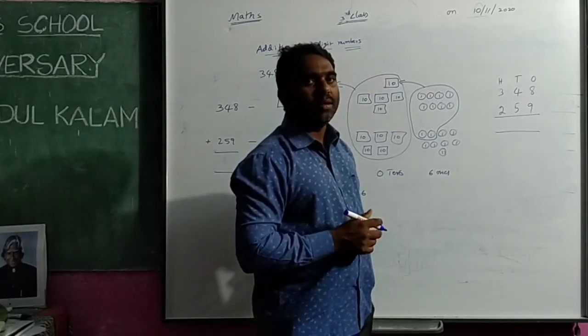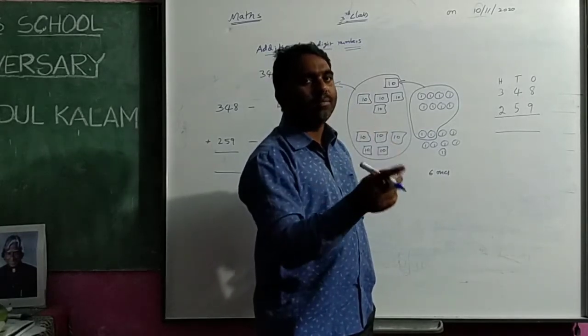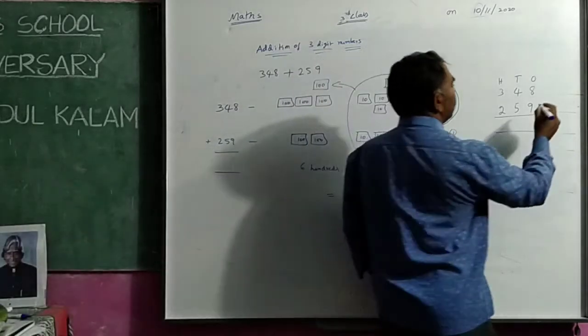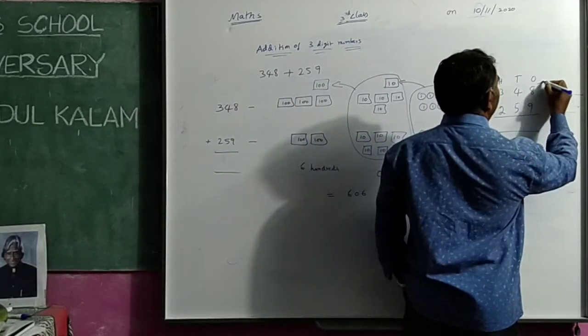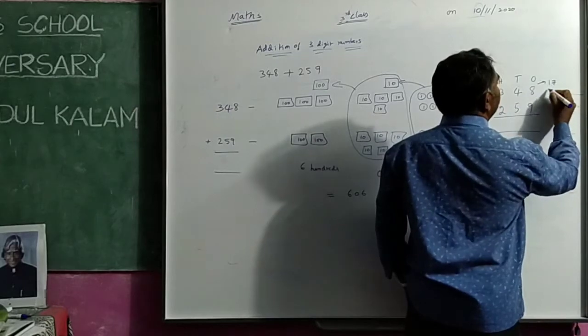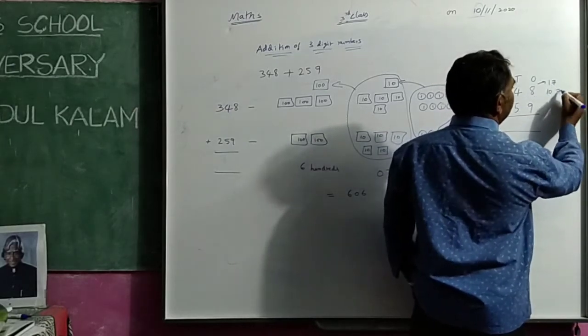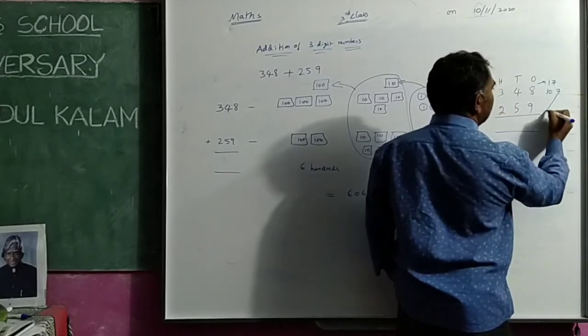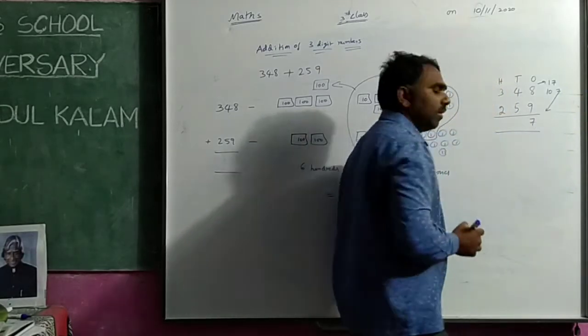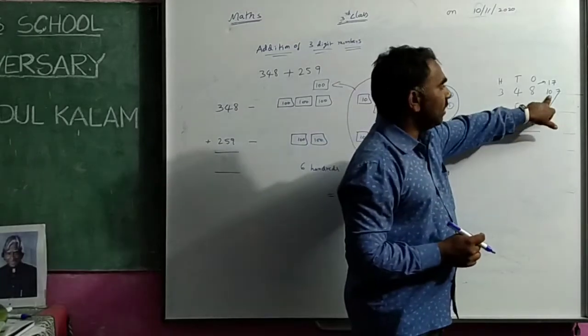17 ones. 17 means in that 10 ones will become 1 ten. Here 17 you got it. 17 means 1 ten and 7 ones. So this 7 will be written here. And here 1 ten is there.